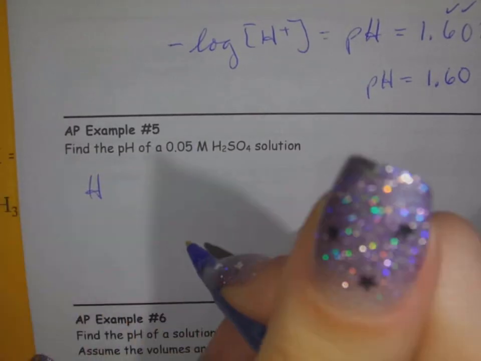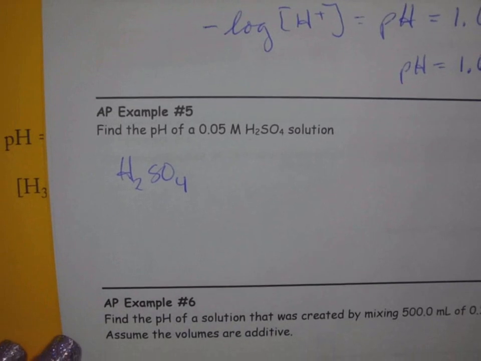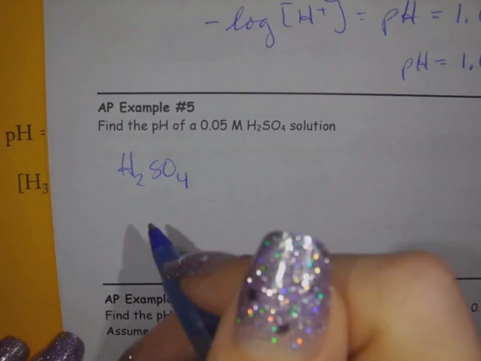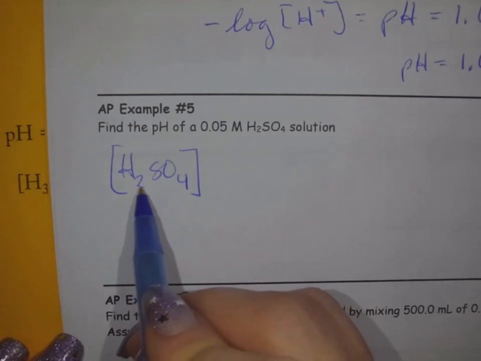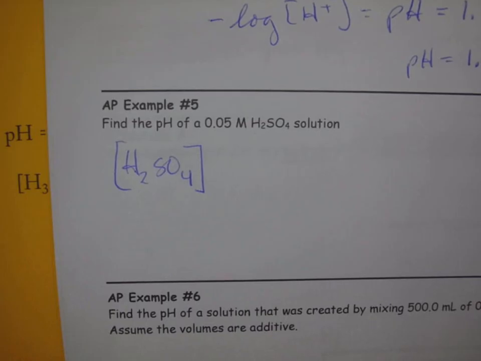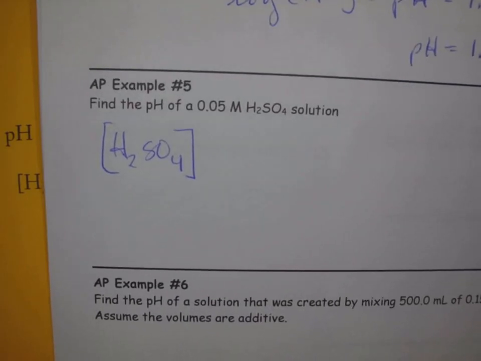The concentration of H2SO4. All right, this is what I need you to know. If it's polyprotic, that means that there's more than one hydrogen here. Then we've got to account for this. So let me just double check something.